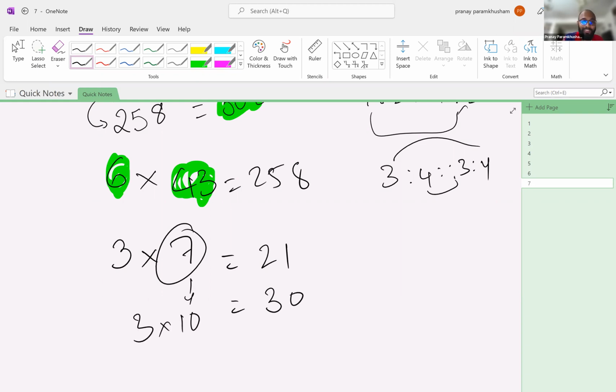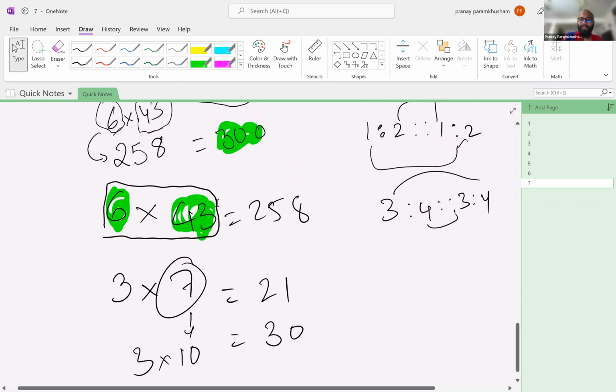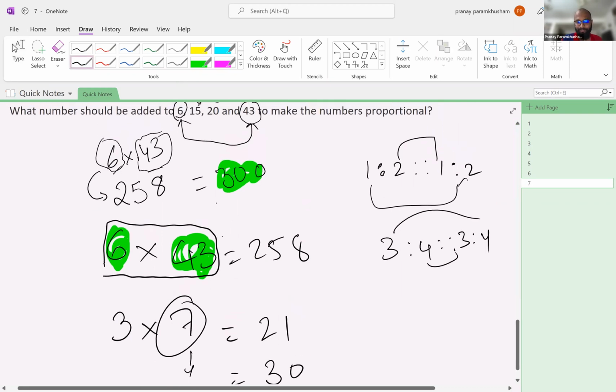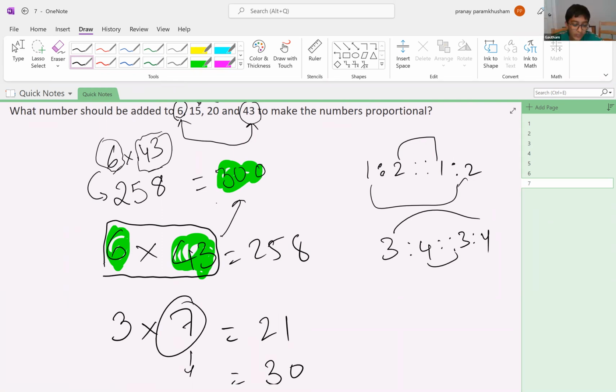That's what I was trying to ask here as well. 6 times 43 is 258, right? But we don't need 258. We need a 300. So whom we want to change and what is the number we want? Hold on, wait.